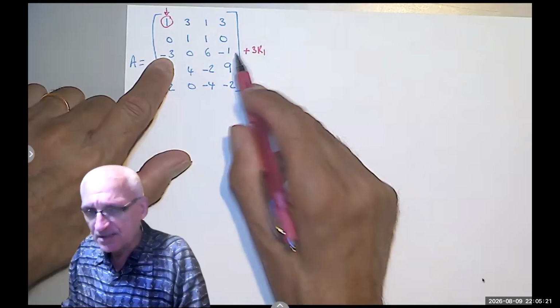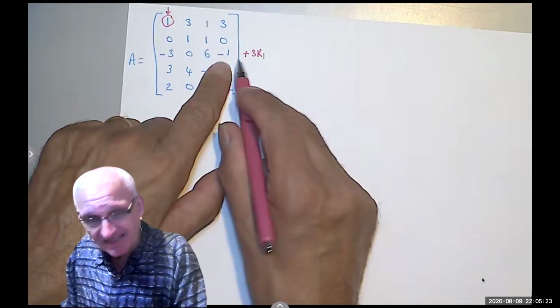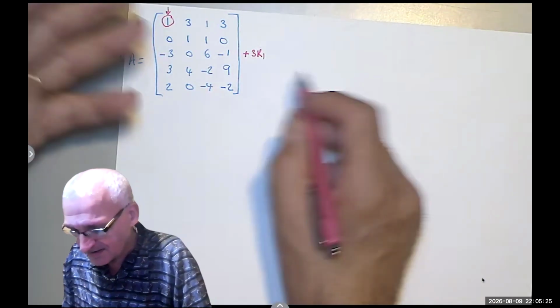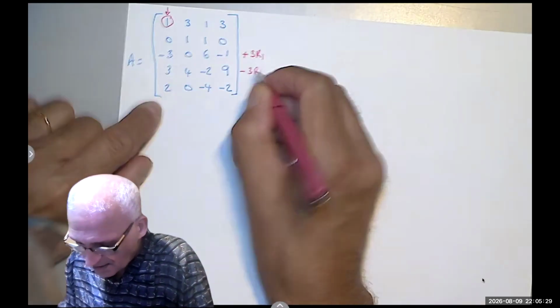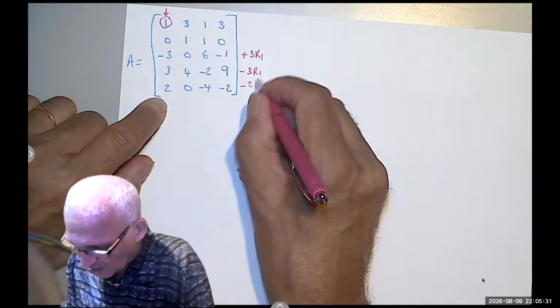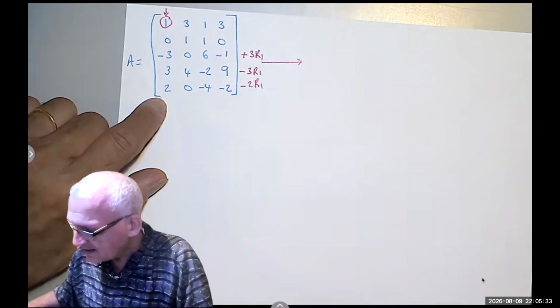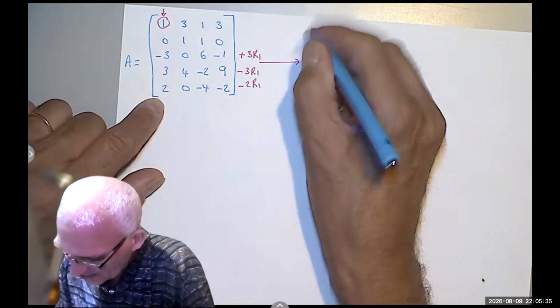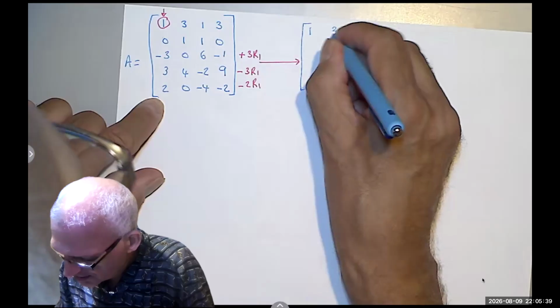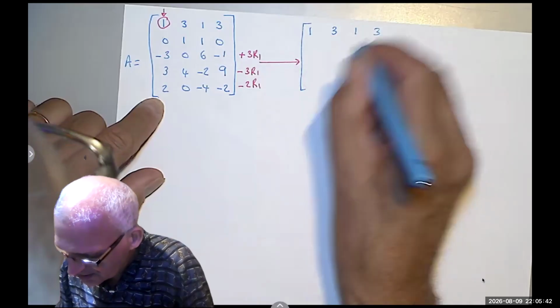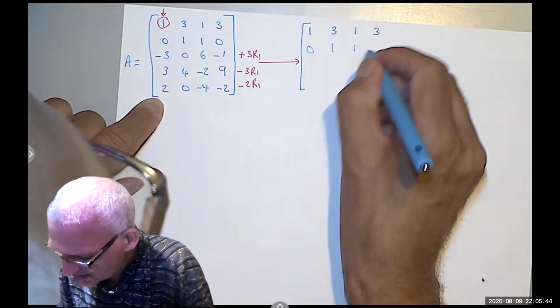Usually we write R3 plus 3R1, but I'm writing it next to R3 so everybody understands what I mean. I'm going to subtract 3R1 and subtract 2R1, and that would lead to this matrix. The first two rows stay unchanged: 1, 3, 1, 3 and 0, 1, 1, 0.